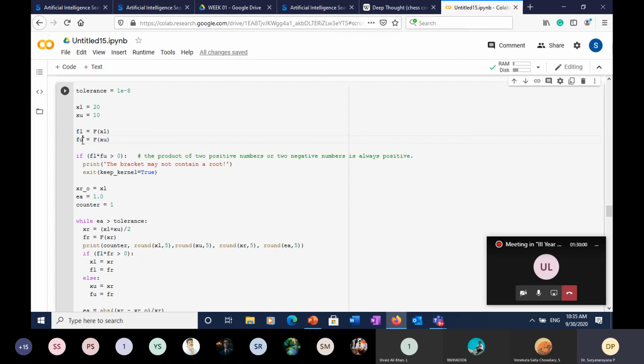But if for these two values the product comes to be positive, that means both of them are positive or both of them are negative. In which case, we cannot use that bracket for the bracketing method, either bisection or false position. So if that is true, we're asking the computer to stop there, and we're just giving a message to whoever is given this bracket saying that the bracket may not contain a root, and we'll stop it there.